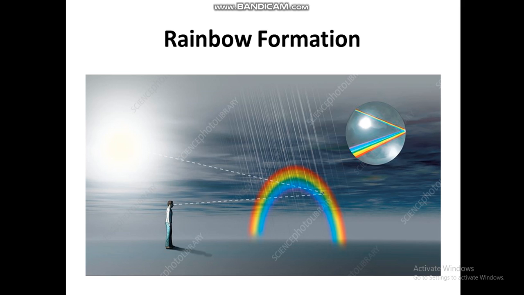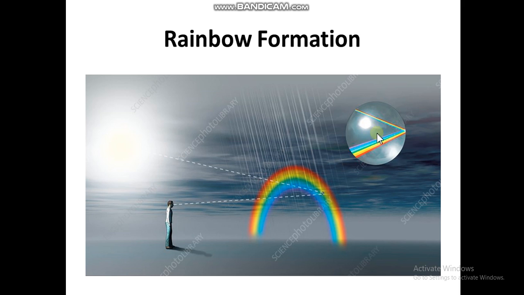This is because of the raindrops present in the air, and these raindrops act as prisms. In the prism we have seen white light split into 7 different colors. Similarly, when white light enters these raindrops, it splits into 7 constituent colors, and that can be seen by human beings, and this is our rainbow.